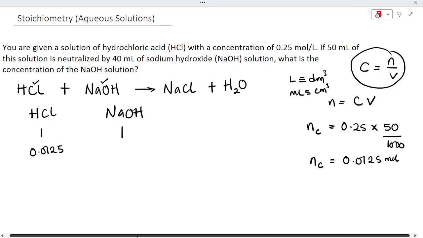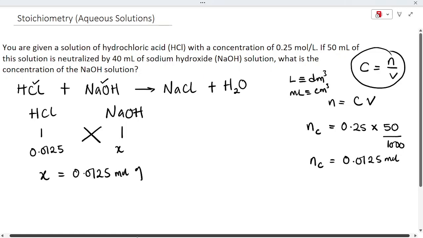So if 1 mole produces 1 mole, then 0.0125 is going to produce X. In this case, you don't really need this. If it's the ratio 1 to 1, therefore, it will also be producing 0.0125. However, let's just cross multiply as we usually do. X times 1 gives you X, and then 0.0125 times 1 gives you 0.0125 moles of sodium hydroxide.